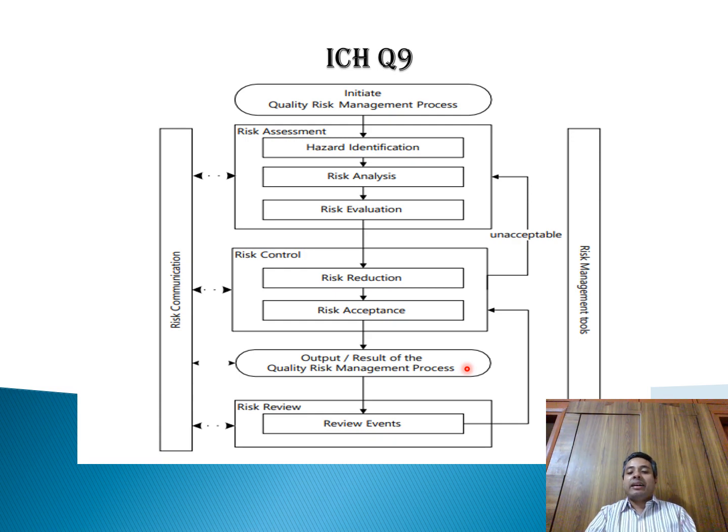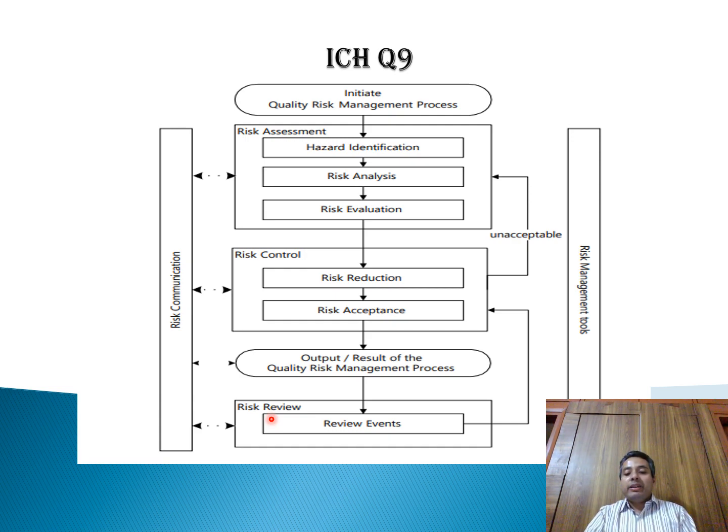If the risk can be classified as low risk after the risk mitigation plan, then we need to review the risk, meaning review or monitor the output or result of the risk management process considering new knowledge or experience of the risk.